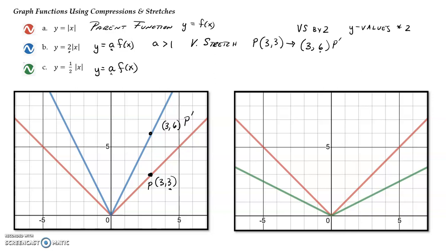Only this time our a value here, we're going to be looking at the case where it's between 0 and 1. And in this case, it's going to produce some type of vertical compression. So think of it as you're going to be shrinking your graph height-wise, right? It's still going to impact your y values.